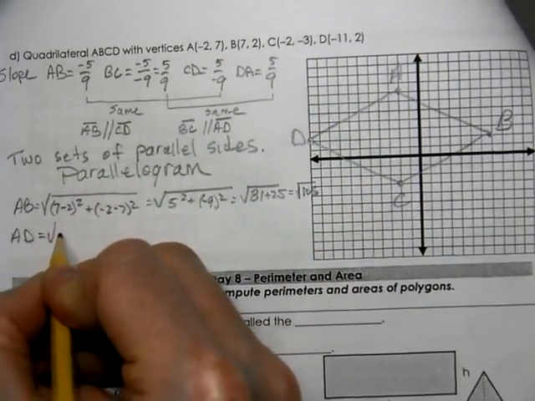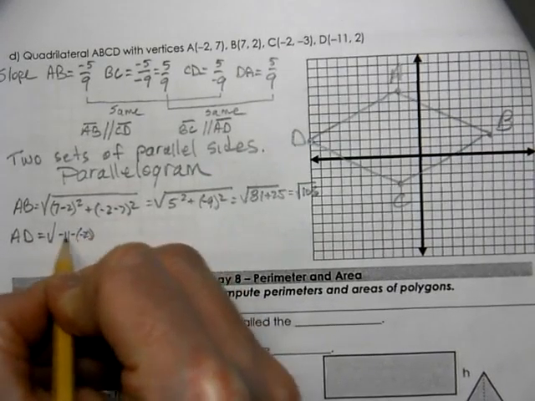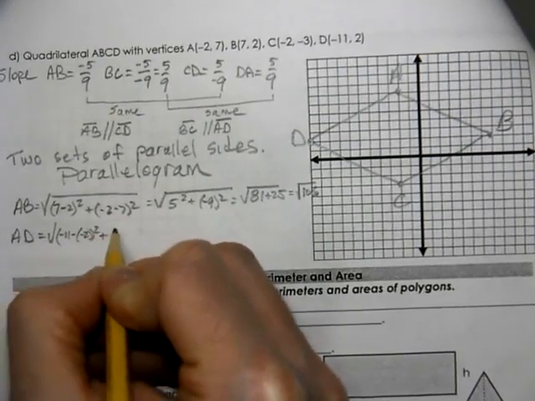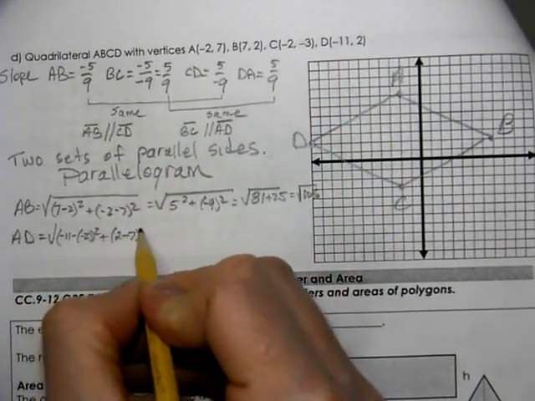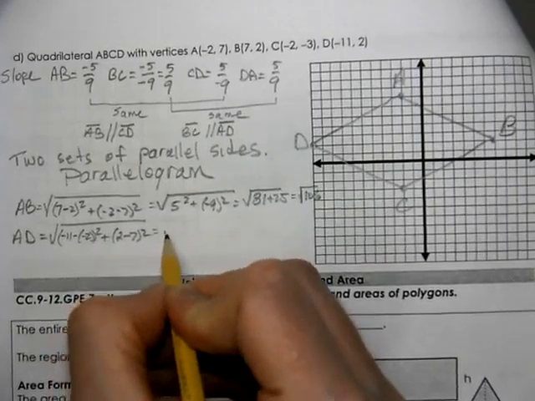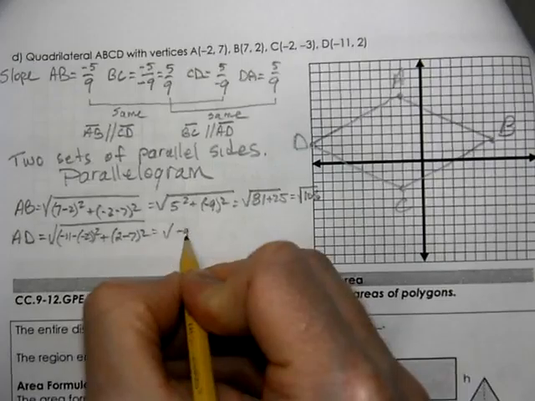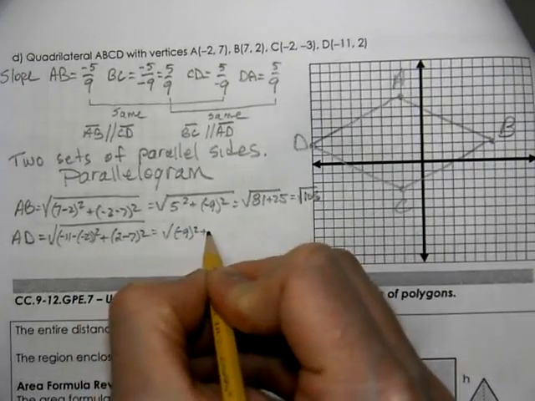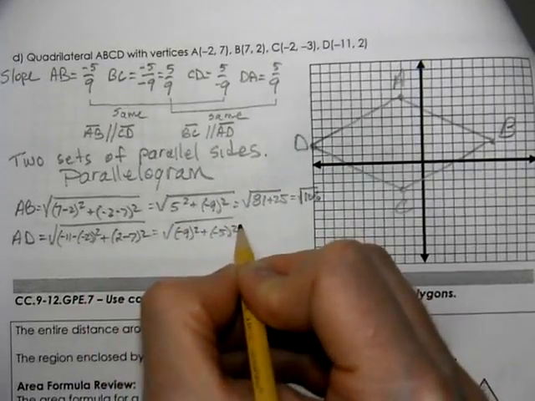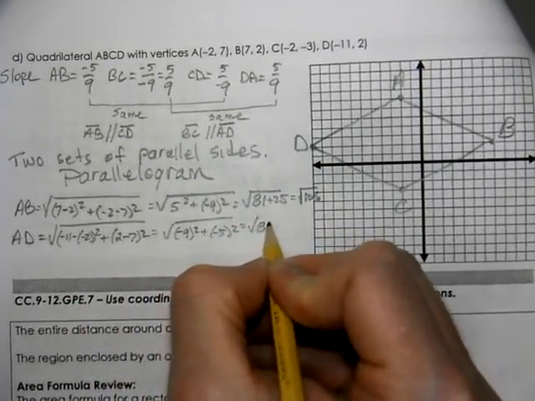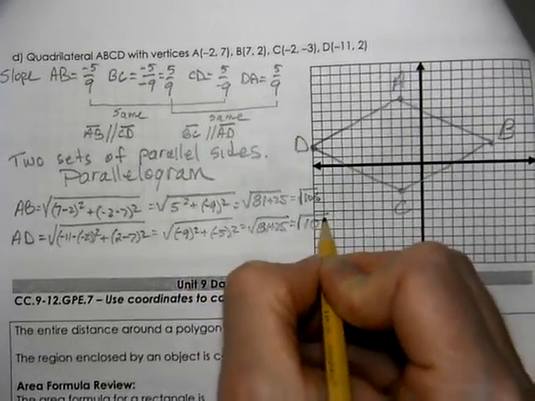So we take negative 11 minus a negative 2, those are the x's, 2 minus 7. Here we get negative 11 plus 2, which gives us negative 9, and negative 5, which, notice, 81 plus 25, which is the square root of 106.